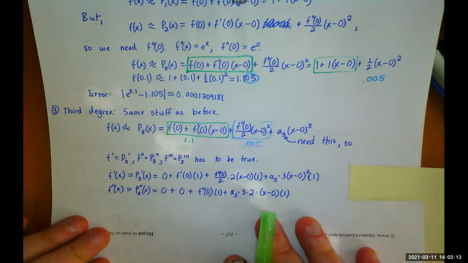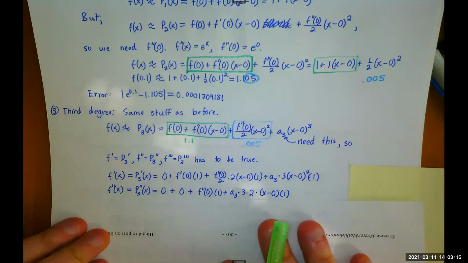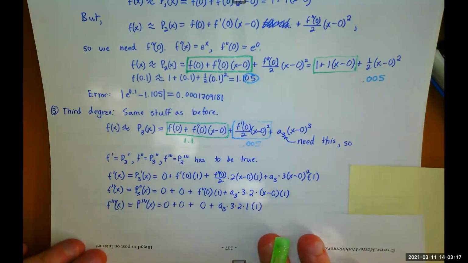So that is our second derivative. How do we get a third derivative out of this? We take the derivative of the second derivative. Looks like that.